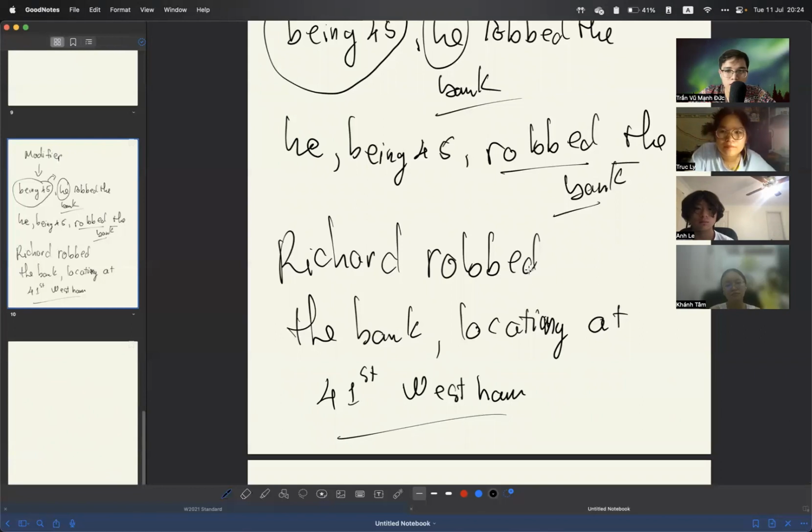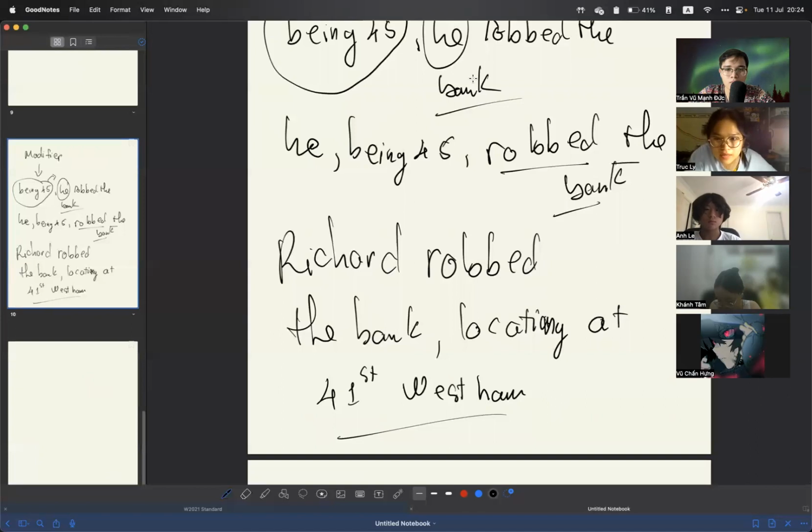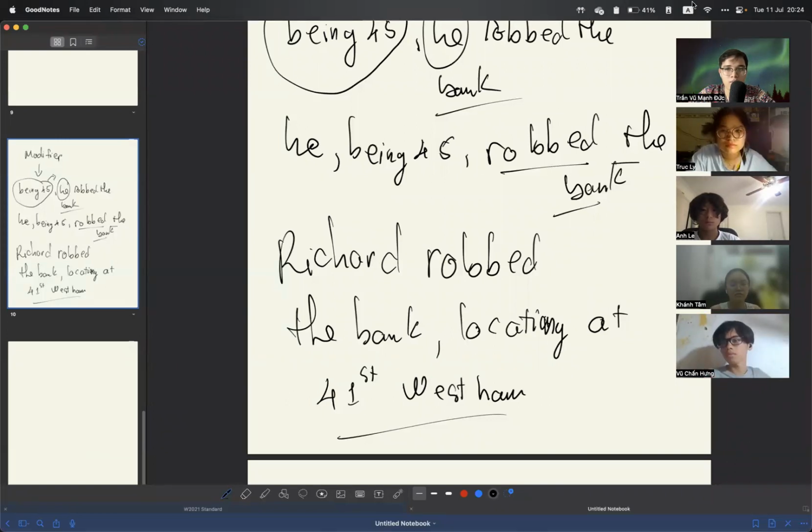Firstly, can you look where the modifier is? What is the modifier in this case? The modifier is locating at 41st West Ham, exactly. Locating at 41st West Ham is the modifier.